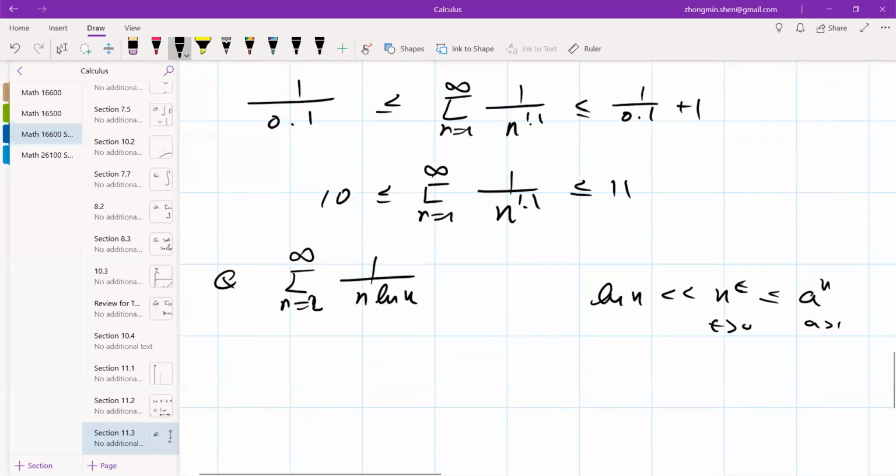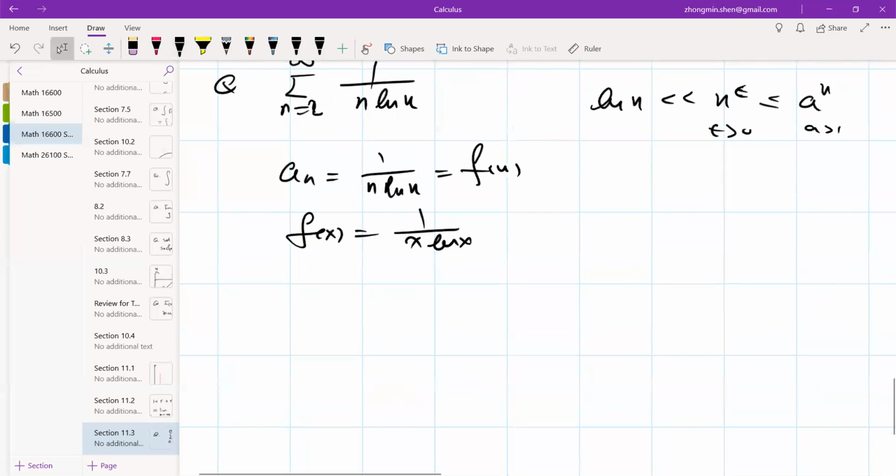Can you think about this? Yeah. So you look at the corresponding function, f of x is equal to 1 over x natural log of x, on the interval from 2 to infinity.